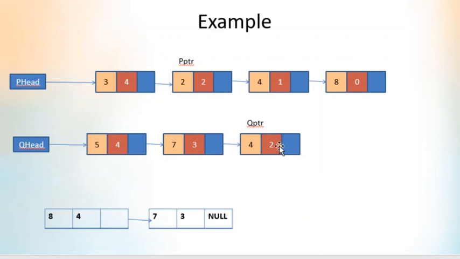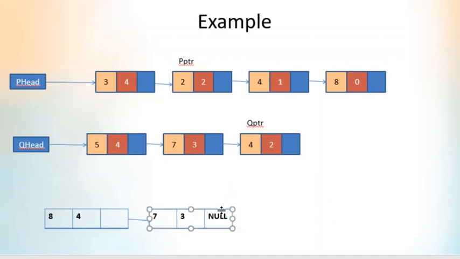Now check the q pointer exponent and p pointer exponent. P pointer exponent is 2 and q pointer exponent is 2. Both are same, so we can do the addition operation. P pointer coefficient and q pointer coefficient are added.